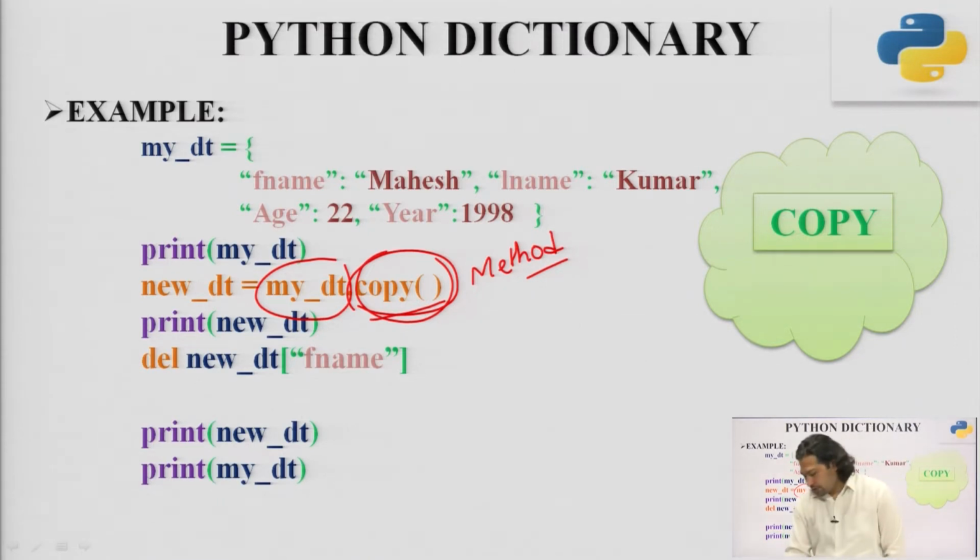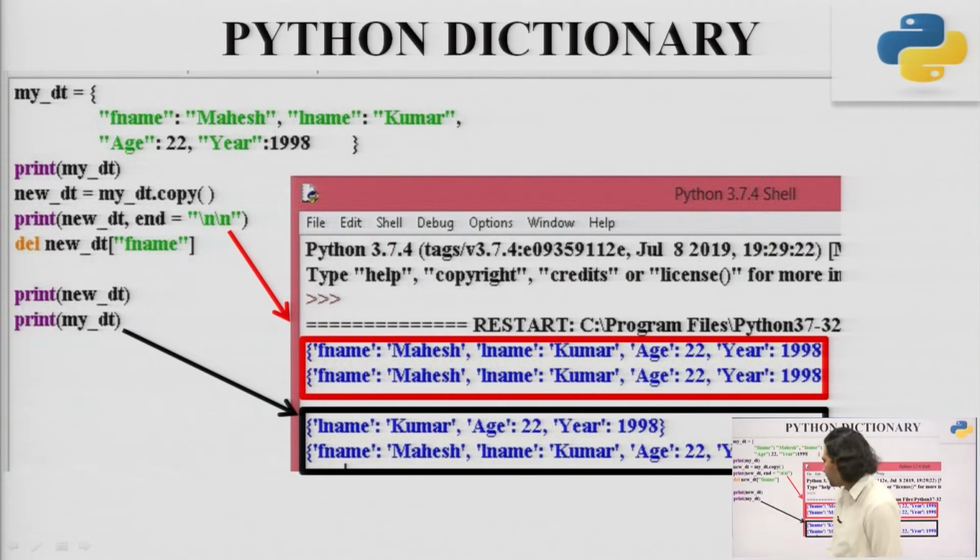In the output of this program, you can see that whatever operations you performed on newDT, the fname element is removed from newDT, but it is not reflected in the original.